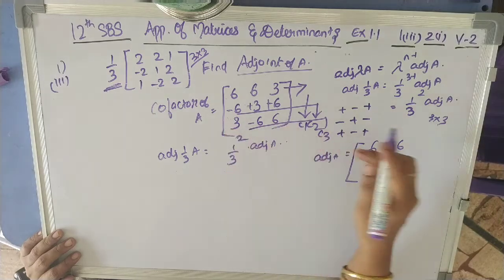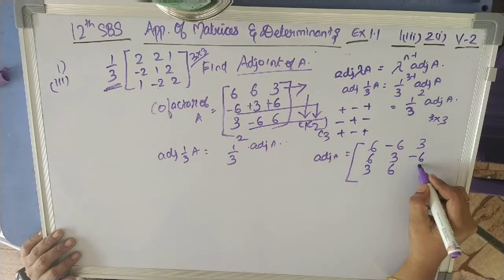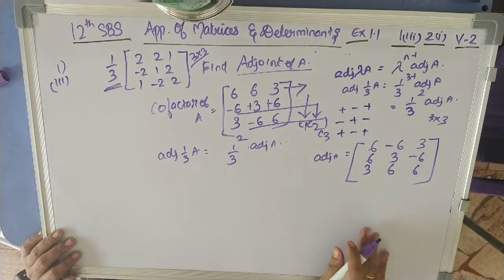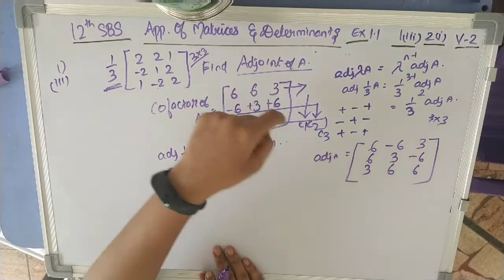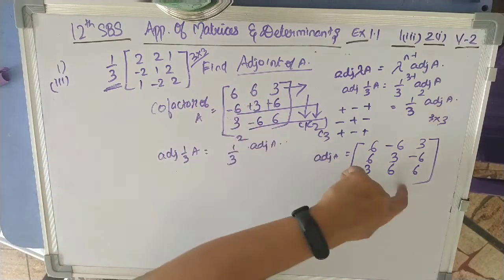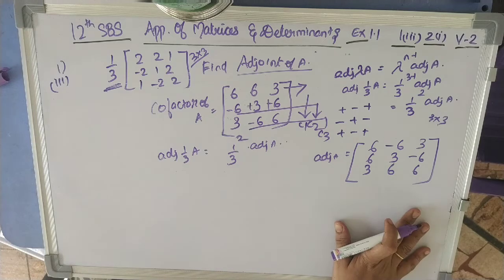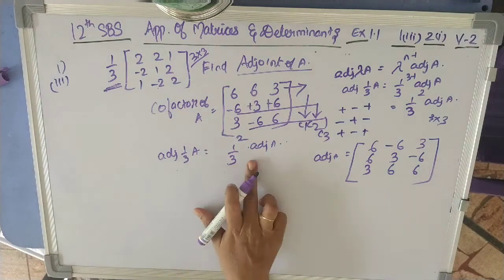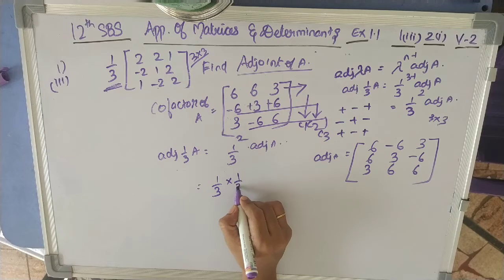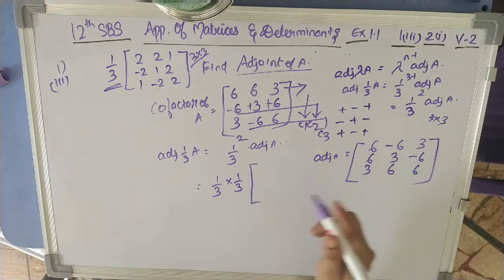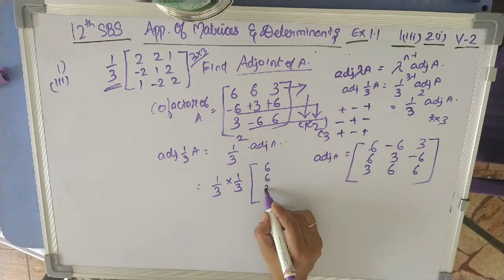Row 2, minus 3 6, as the column 2. 3 minus 6, that is the minus 6 plus 6, row 3 is the column 3. 3 minus 6 6. So from the cofactor I have found the adjoint of A. Okay, I am just converting the rows into columns. Okay. Now adjoint 1 by 3A is equal to 1 by 3 whole square into adjoint of A, isn't it?